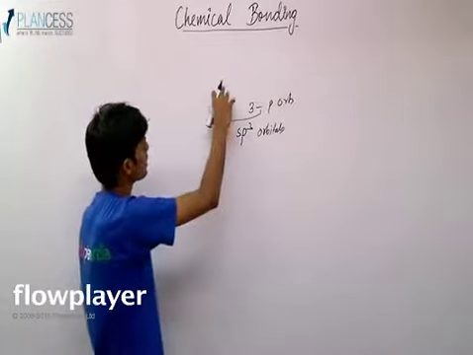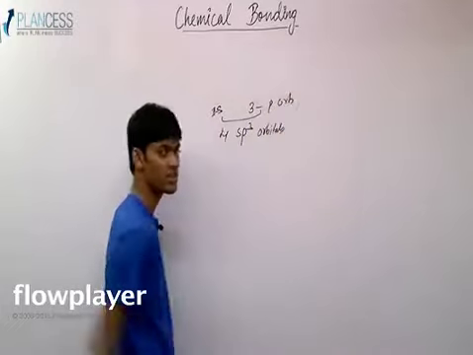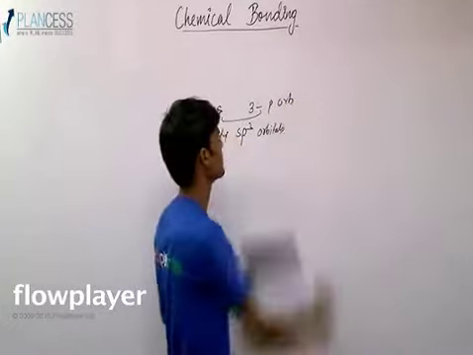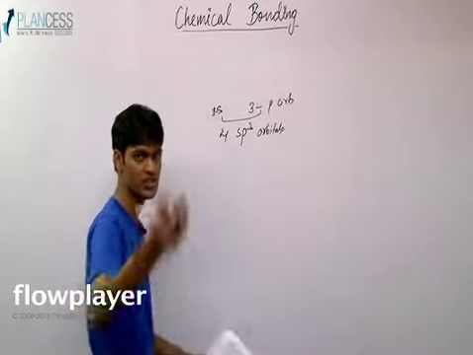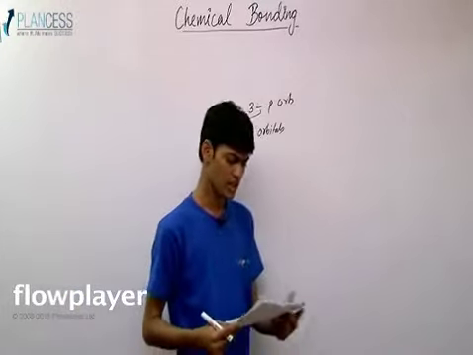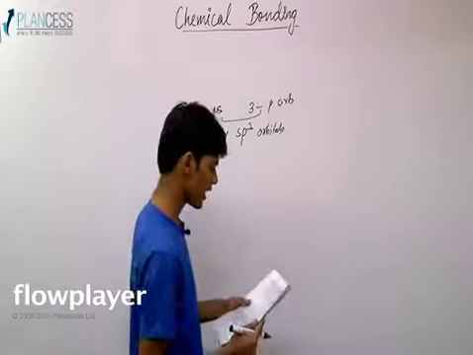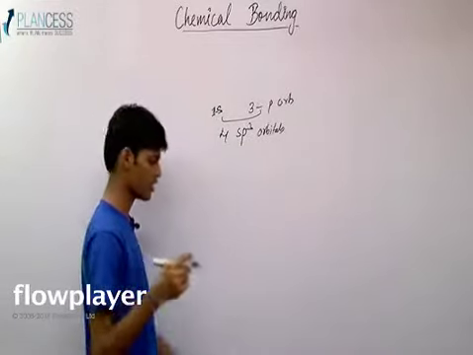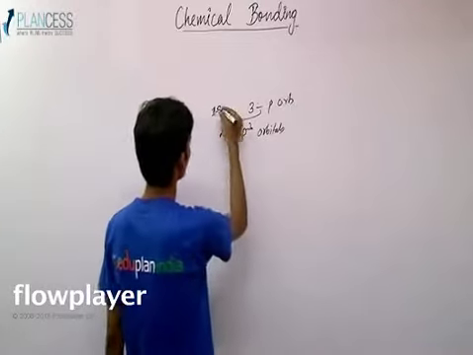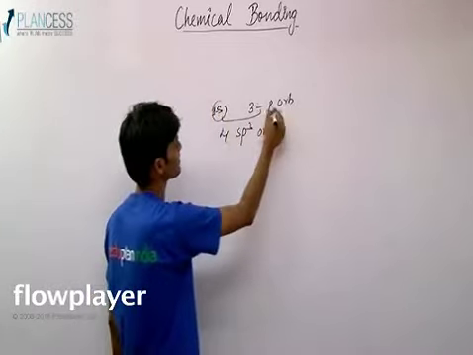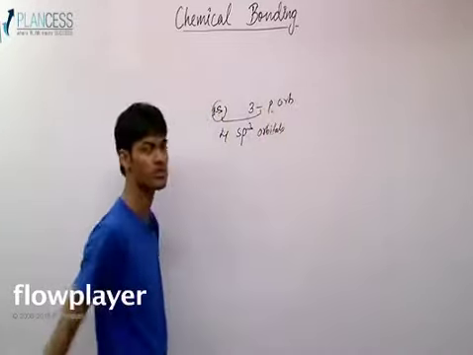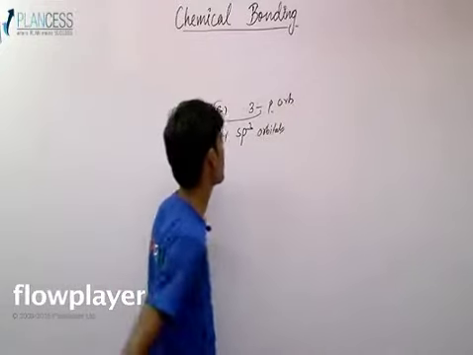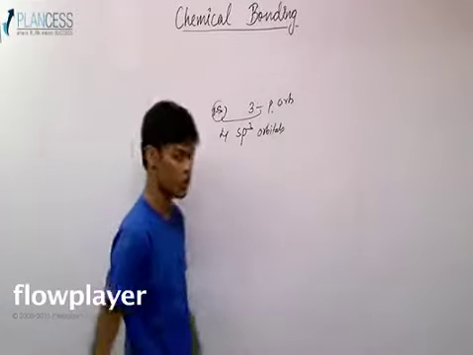The orbitals undergoing hybridization should not have much difference in their energy, because if there is much difference in energy, hybridization cannot take place. And it is the orbitals that undergo hybridization and not the electrons. You will not say that 2 electrons and 6 electrons, so 8 electrons undergo hybridization. It would be that one s and 3 p orbitals undergo hybridization, producing 4 sp3 orbitals.